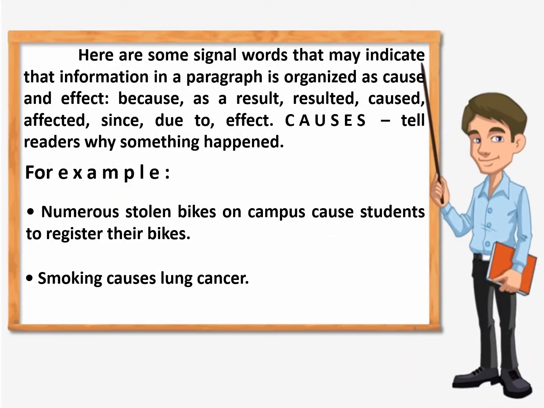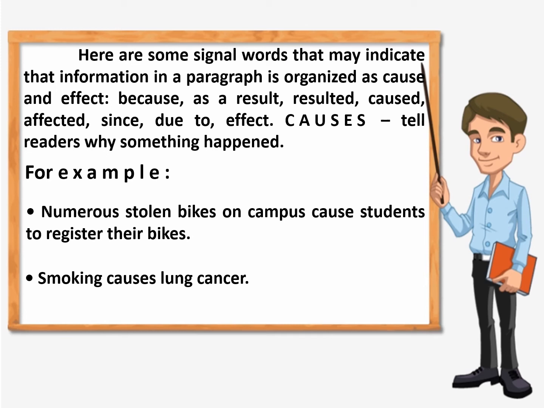Here are some signal words that may indicate that information in a paragraph is organized as cause and effect: because, as a result, resulted, costs, affected, since, due to, effect. Causes tell readers why something happened. Example: numerous stolen bikes on campus caused students to register their bikes.